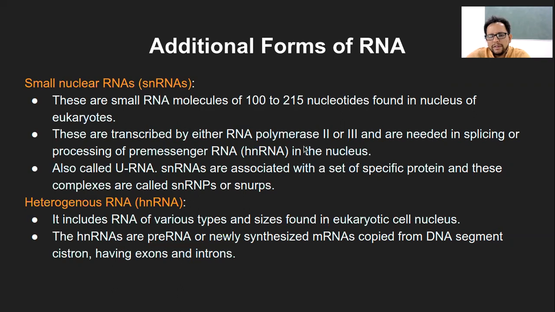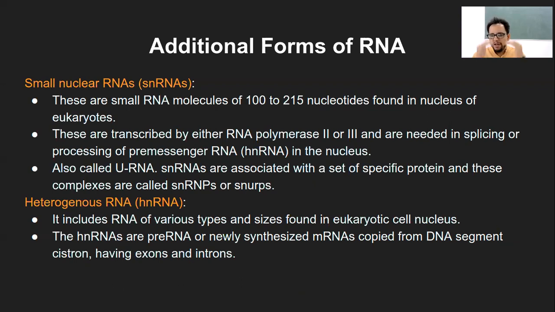Now, this splicing: if you remember, when we looked at the structure of the DNA, there were certain exons and introns, repeated as exon 1, intron 1, exon 2, intron 2, and so on. The exons were the coding part, and introns were the non-coding part within the frame of the particular gene.